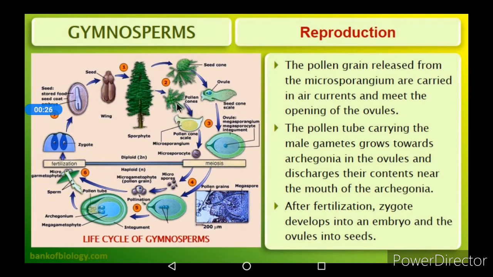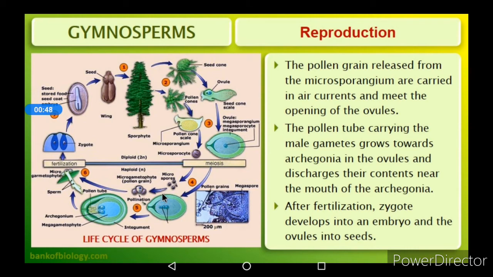The first one is the pollen cone, that is the microsporangium, which consists of the pollen grains, which we discussed in the previous slide, right? The microspores develop into pollen grains which are ready for pollination. And next is the seed cone, that is the ovule, the megasporangium, the female cone, and the archegonia, that is the female part.